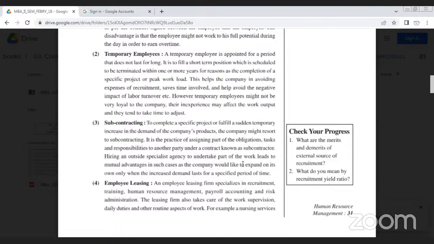Third, the company might resort to subcontracting. It is the practice of assigning part of the obligations, tasks, and responsibilities to another party under a contract, known as the subcontractor. Hiring an outside specialist agency to undertake part of the work leads to mutual advantage in such cases, as the company would like to expand on its own only when the increased demand lasts for a specified period of time.